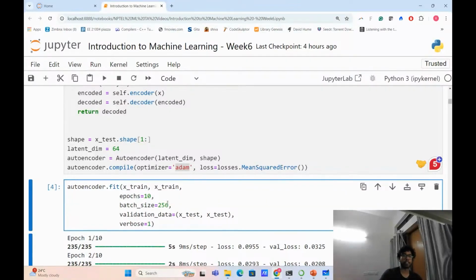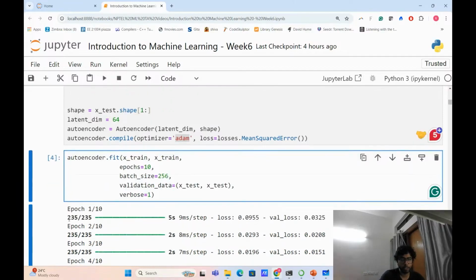So we are repeating it 10 times here. Okay. And what is batch size? Batch size is how many data samples you want to push in one batch, right? For example, in one epoch, let's say your data size is 10,000 images. In one batch, you put 256 images, and then in the next batch, within one epoch only, you push another 256 images till you finish the whole 10,000 images.